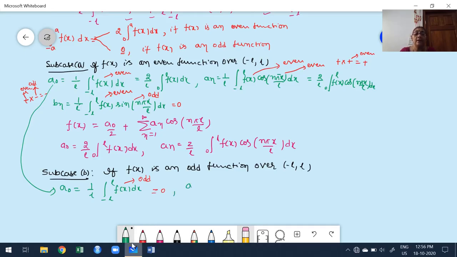Similarly, a n is 1 by L, minus L to plus L f of x cos of n pi x by L with respect to x. In this case, now observe carefully, f of x, what we consider, is an odd function.